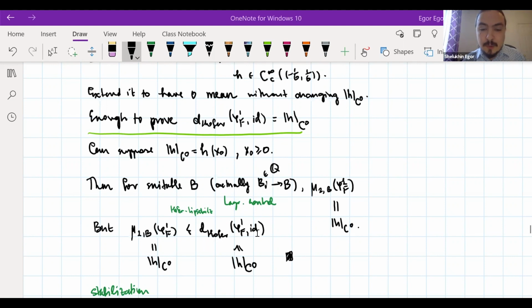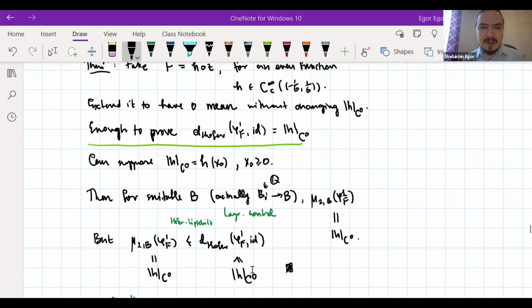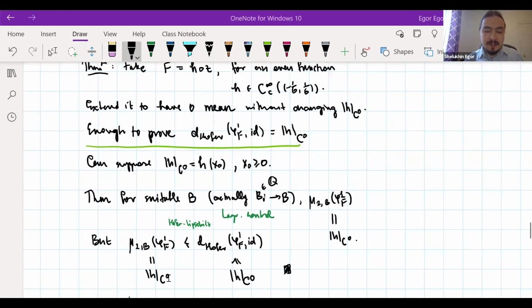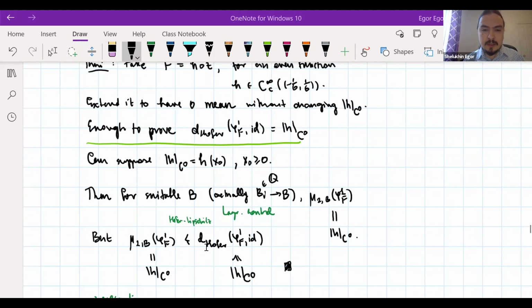But d Hofer of phi1f and identity is clearly less than the C0 norm of H, because this particular f is one way to generate phi1f, just by definition. And so we get exactly what we want: the Hofer distance between phi1f and identity is the C0 norm of H. Okay, so that's the proof.